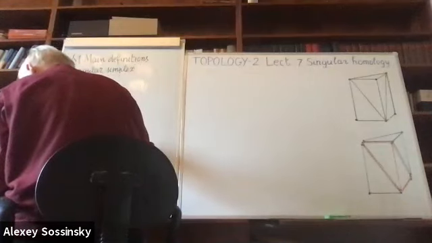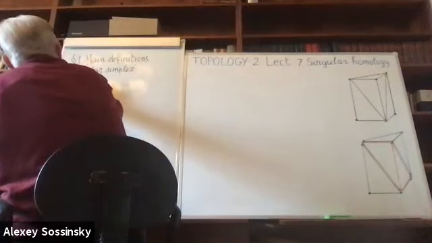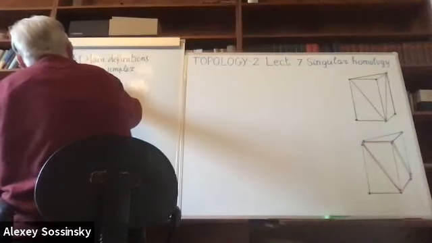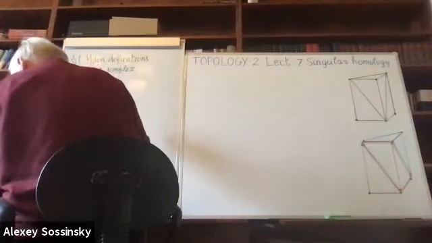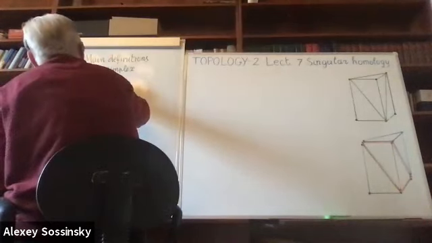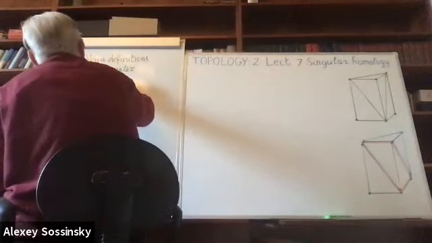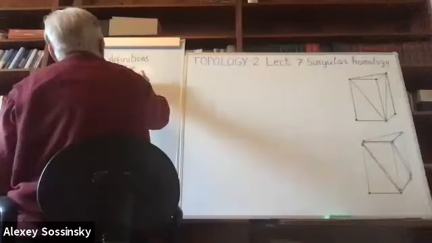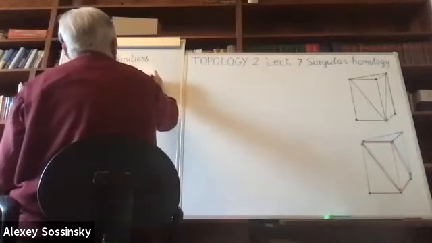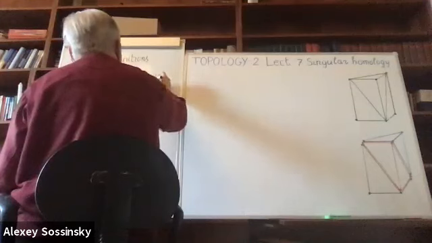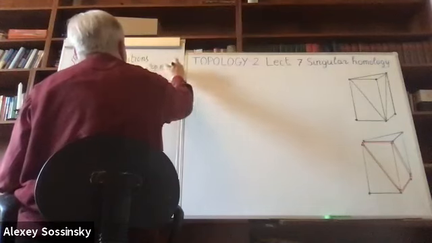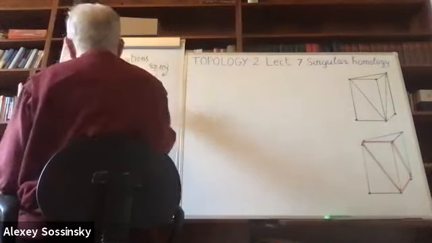A singular simplex is simply a continuous map of an n-dimensional simplex, which we'll usually denote as follows, to the given topological space X. So X is a topological space, and the map, of course, is continuous.